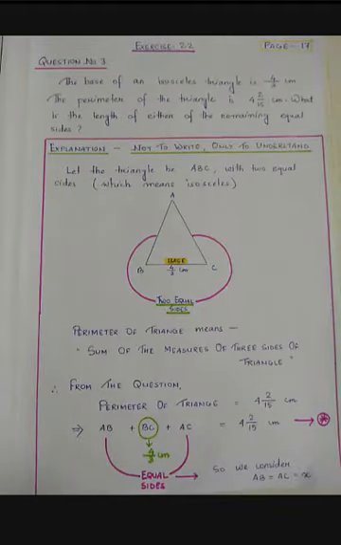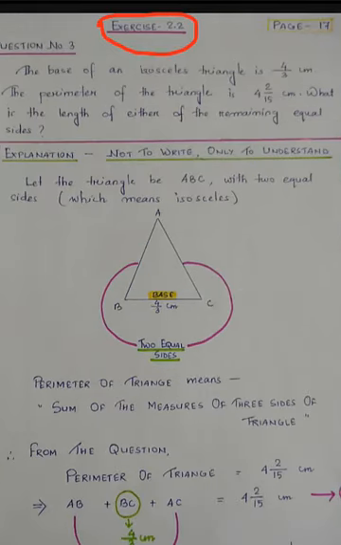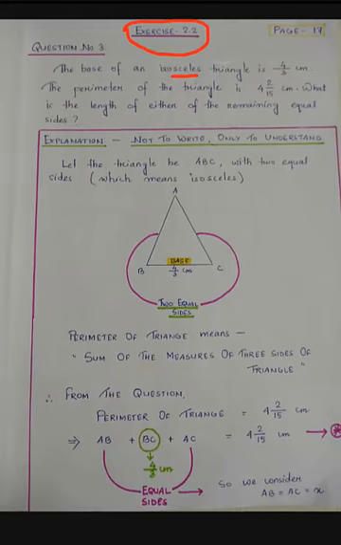Now let us look at question number 3 of this exercise. This problem sum is based on a geometric concept. What is said here? The base of an isosceles triangle is 4 by 3 centimeters.